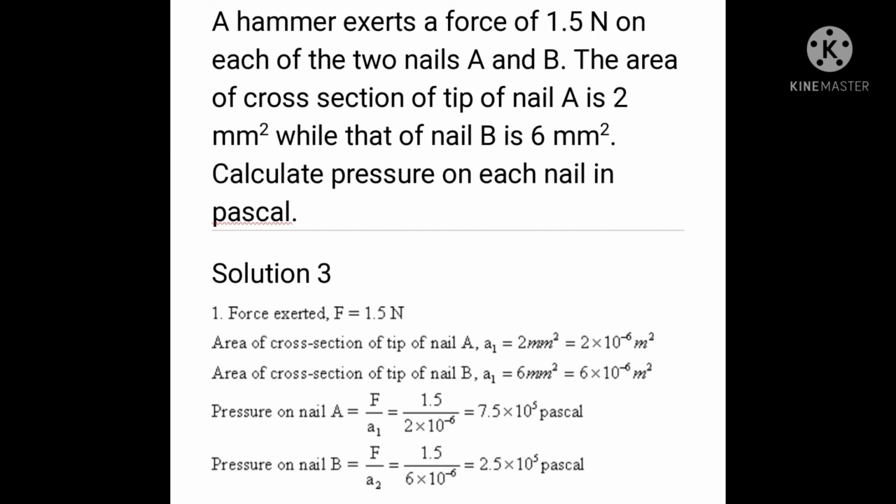So pressure on nail A, that is force upon area, 1.5 upon 2 into 10 raised to power minus 6, that is equal to 7.5 into 10 raised to power 5 pascals, and pressure on nail B is equal to force upon area, that is 1.5 upon 6 into 10 raised to power minus 6, that is equal to 2.5 into 10 raised to power 5 pascals.